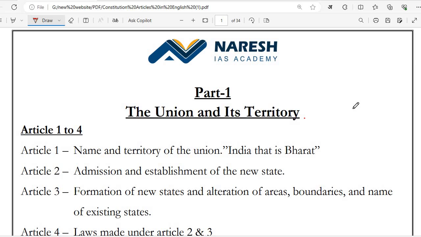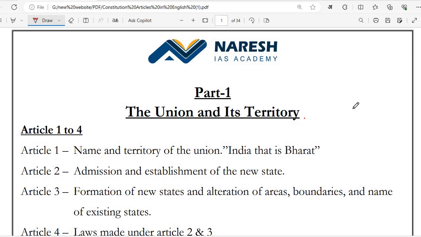So the second article says that the Indian government can decide the criteria for the admission and establishment of new states, and Article 3 says formation of new states and alteration of areas, boundaries and names of existing states. According to this article, the Indian Parliament is the absolute authority regarding this, and any new state can be created after the prior sanction of the Indian President, and then a resolution is passed by both houses of the Indian Parliament, the Lok Sabha and Rajya Sabha.